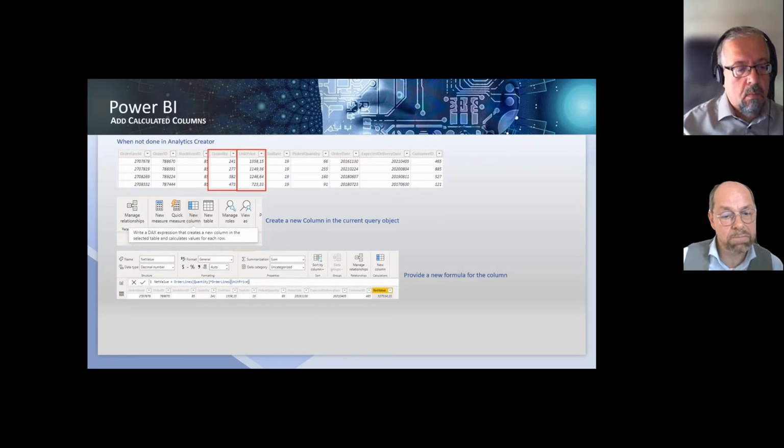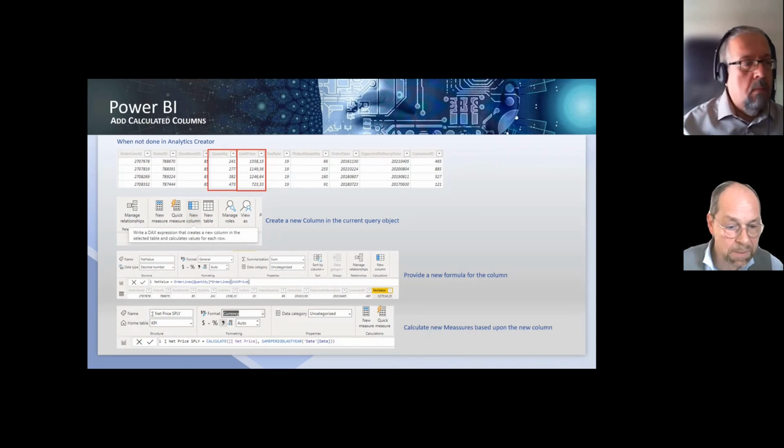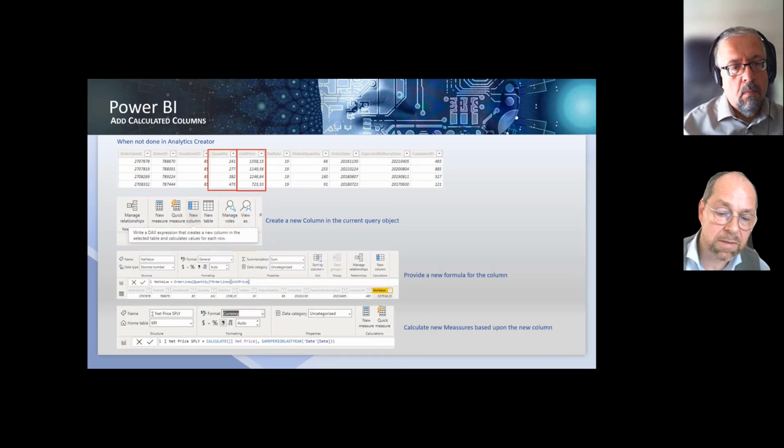It's just a calculation you can use more or less from AnalyticsCreator. And based on this calculation, you can easily create some KPIs that you try to calculate. In this example, I did it again with the period last year function.